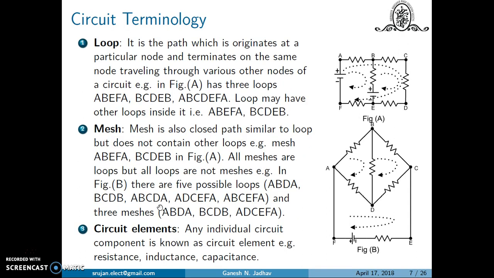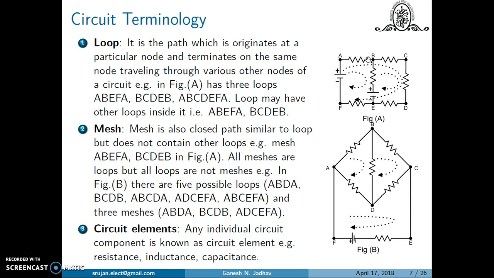Next we'll see what a loop is. It is the path which originates at a particular node and terminates on the same node, traveling through the circuit. So here we can observe in this figure there are three loops. If we start from point A, then A, B, E, F, A, this is one loop.